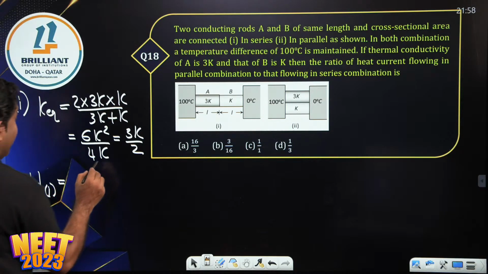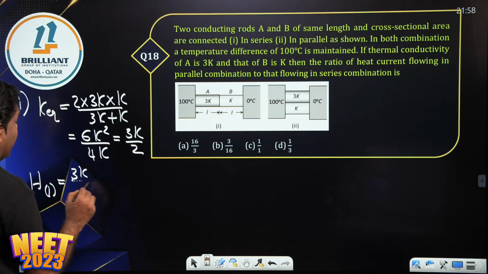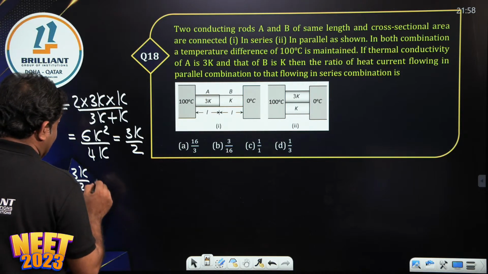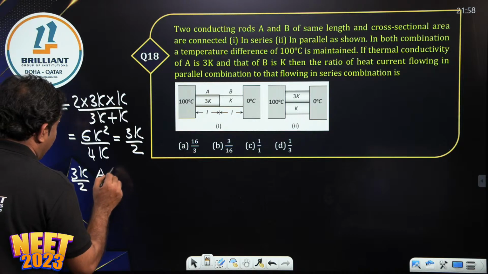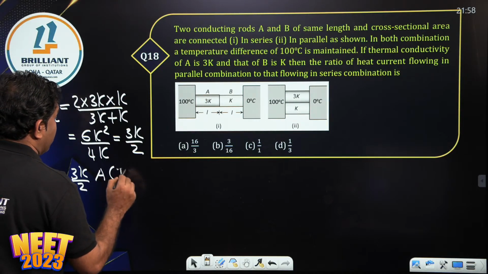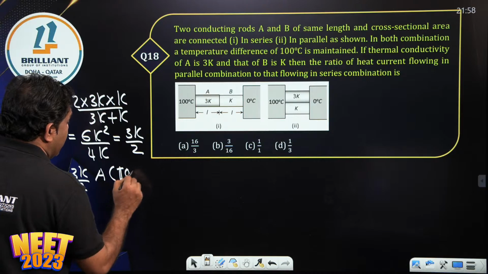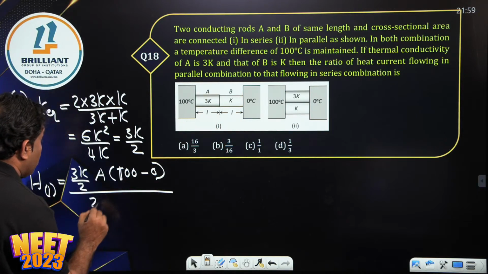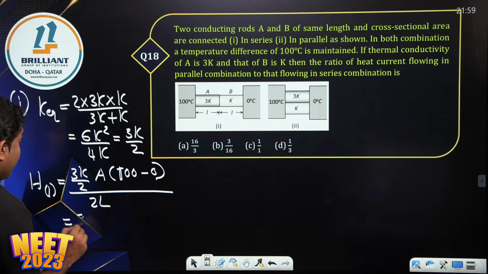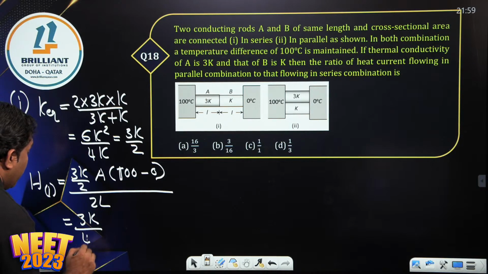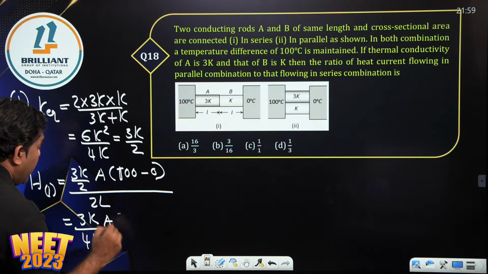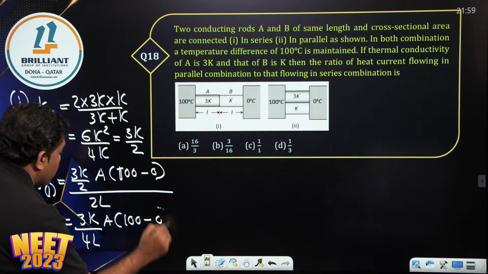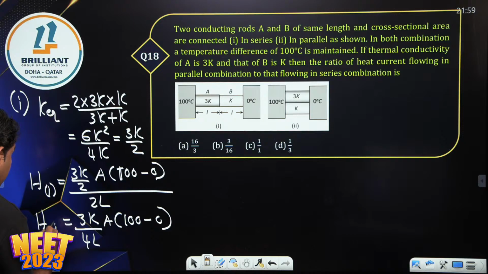Instead of K, we use the equivalent thermal conductivity 3K by 2, with area A, and T1 minus T2 is the same, 100 minus 0, but the length here is 2L. So I can write that as 3K by 4L into A into 100 minus 0. That is the first case.